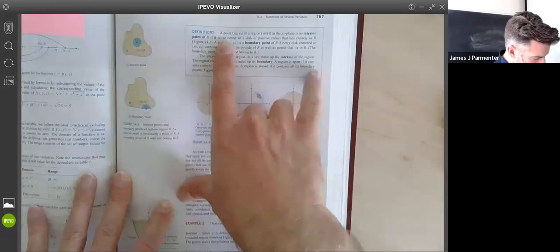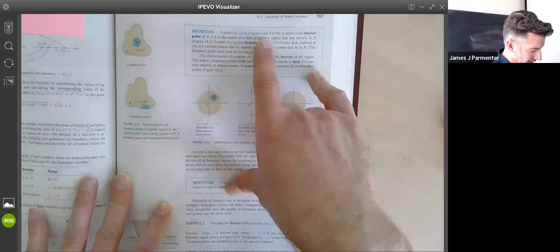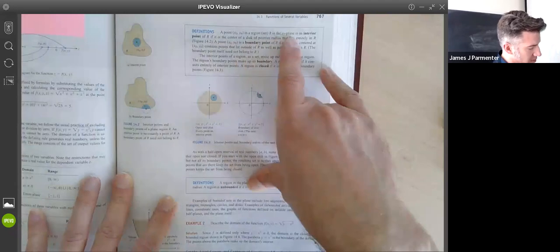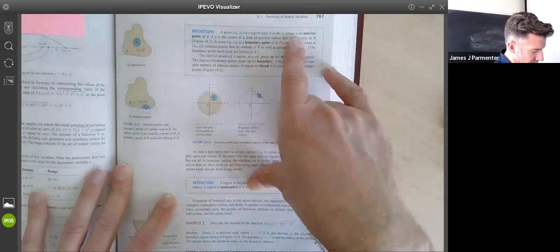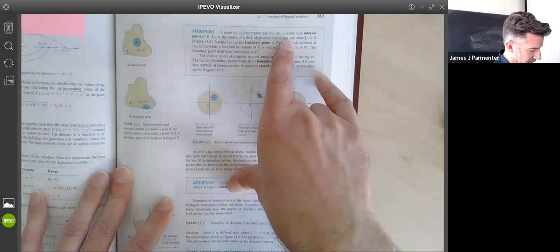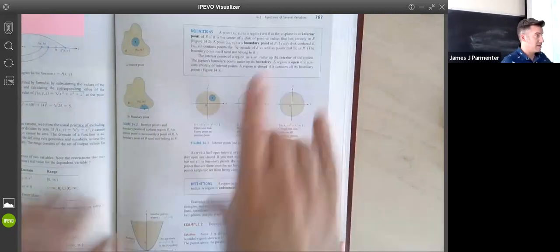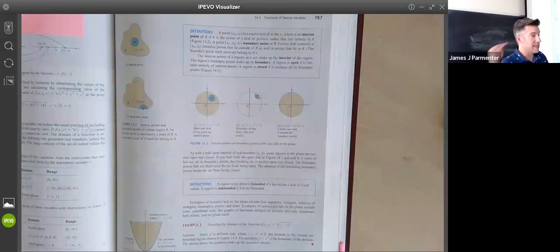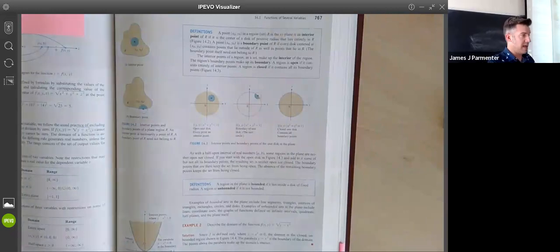A point in a region or set in the XY plane is called an interior point if it is the center of a disk of positive radius that lies entirely in R. So that's like what I was saying last time. I didn't use the word interior point, but an interior point is a point that if it's in the set, you can draw a circle around it and that circle is still in the set.